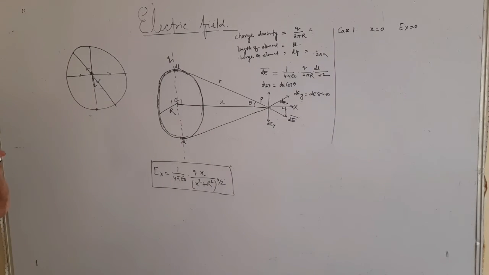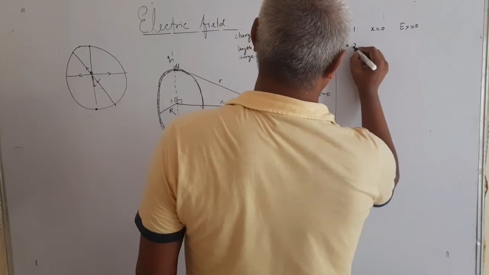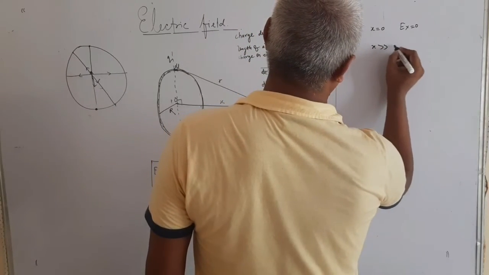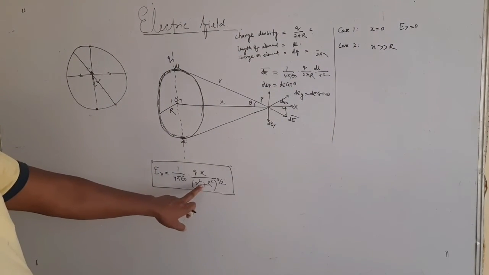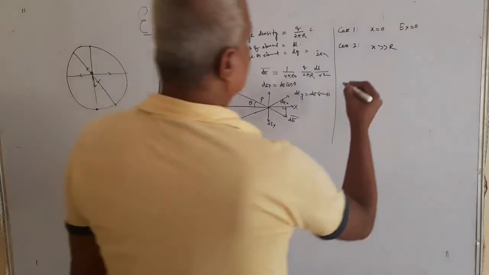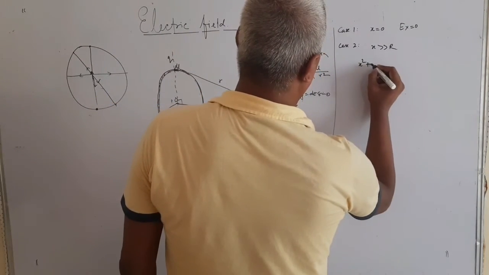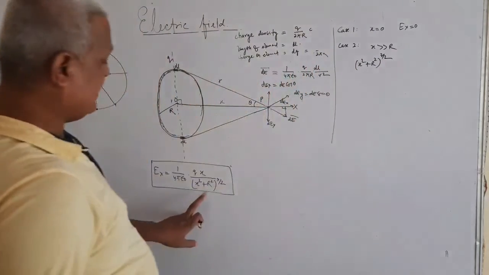Now case number 2: if we assume that this small x is much more than the capital R, like the axis is quite long, if x is much more than the radius, then we have this relation x square plus R square, where x is much more. So x square plus R square to the power 3 by 2, we have this one.